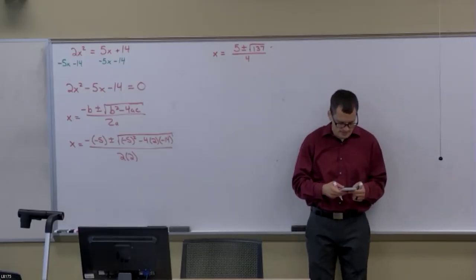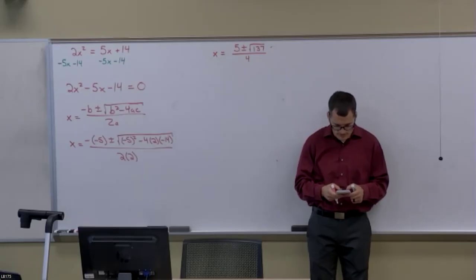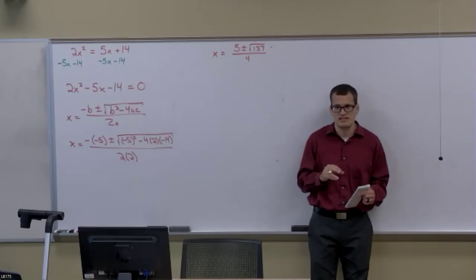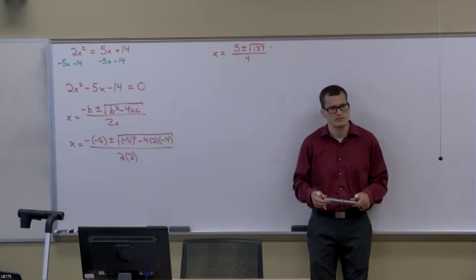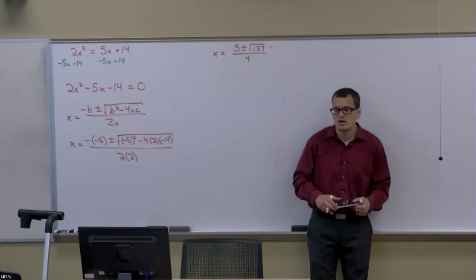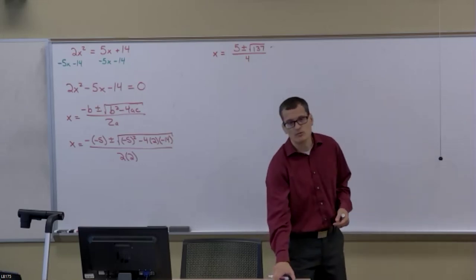Okay. Now, the square root of 137 is an irrational number. The decimal goes on forever, doesn't have a repeating value. So it's not a nice whole number like we've been dealing with. We've been dealing with square roots of 16 or square roots of 25. 137, it is a real number.